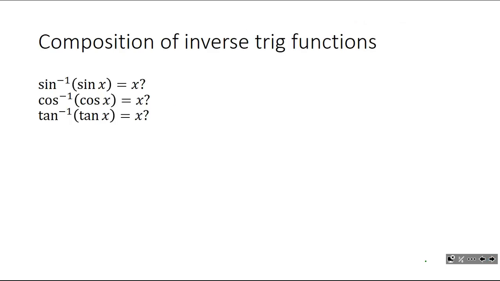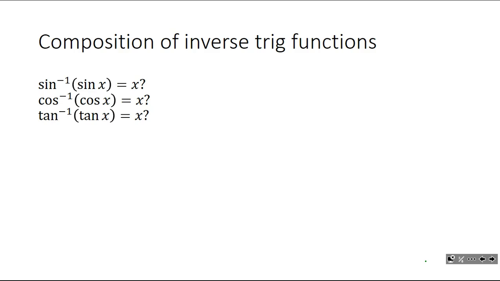Now we're going to look at a very similar problem, but please notice that the first function in each case is the inverse sine, inverse cosine, whatever, and the inner function is just the regular trig function. This is the reverse of what we were looking at a moment ago. Well, again, algebra would suggest that the answer should be equal to x, but you should know from the previous problems that sometimes it's a bit more complicated than that.